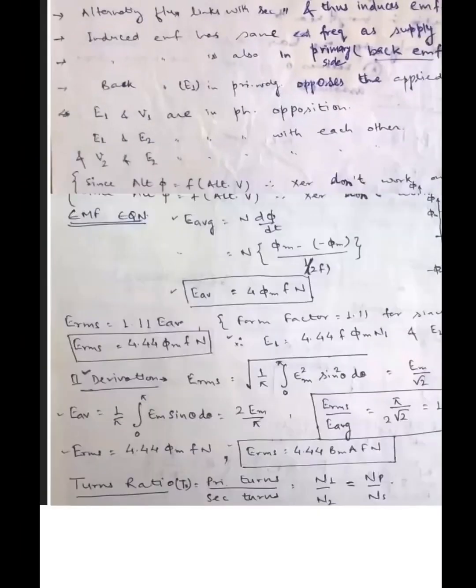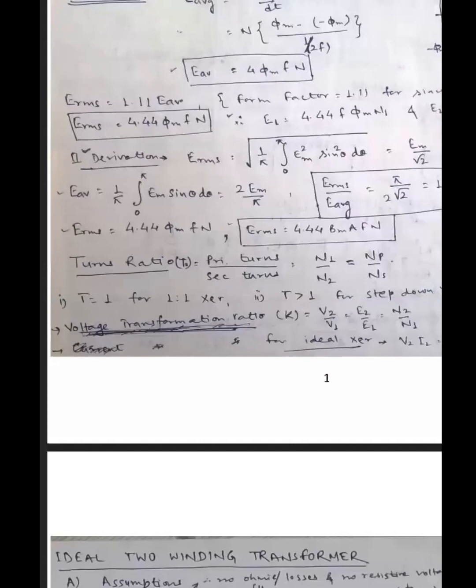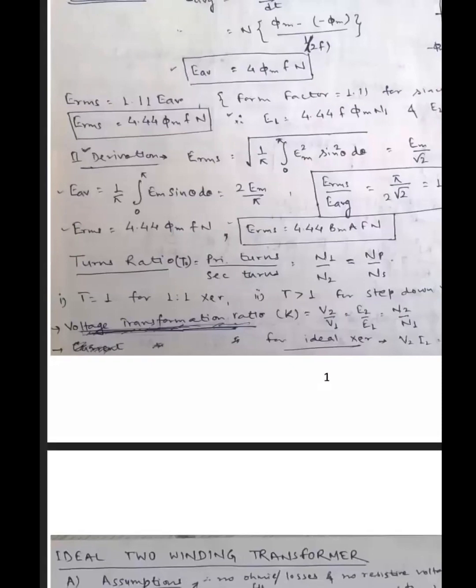So there are a few small concepts of turns ratio. Turns ratio is nothing but the ratio of the primary turns to the secondary turns. It is N1/N2, and it is also denoted by Np/Ns. If it is equal to 1, then it becomes a 1:1 transformer, and if the secondary turns are more than primary, then it becomes a step up transformer, and vice versa.